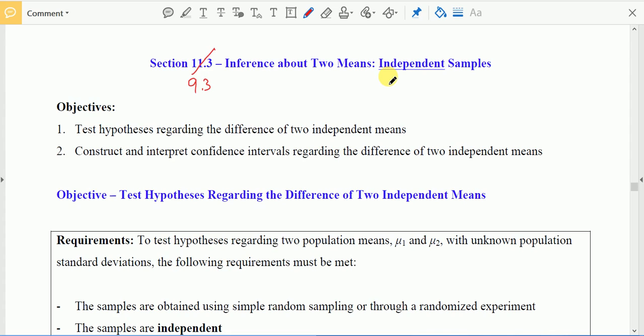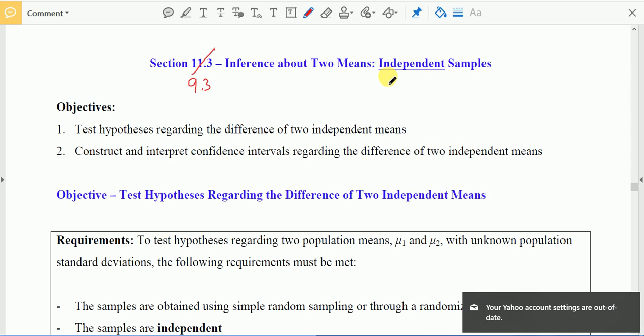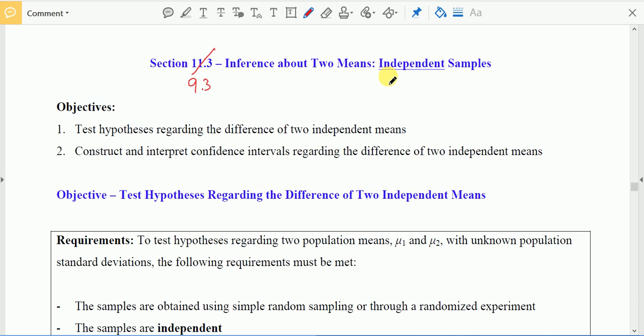So they are dependent, and we talked about that in the last example. This time we will talk about independent samples.